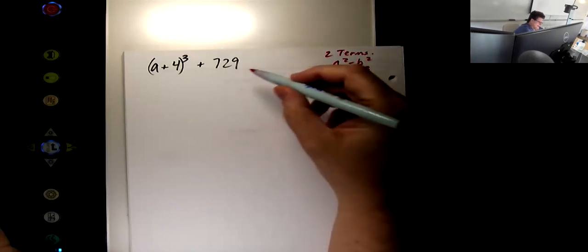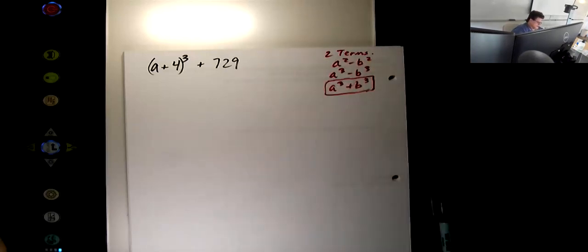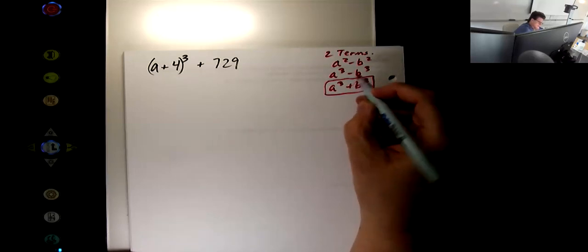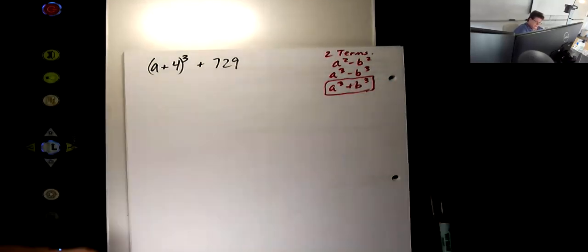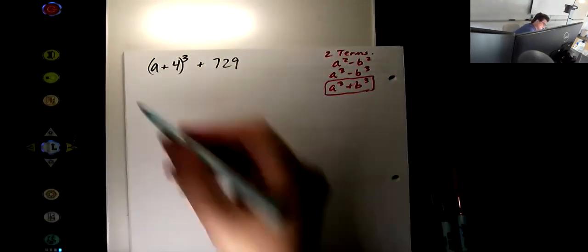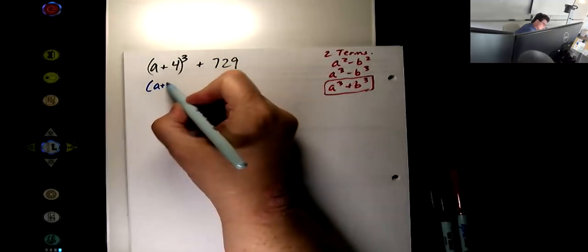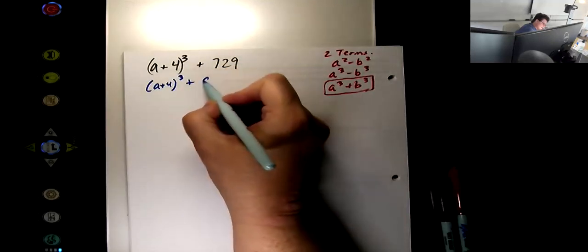Is 729 something cubed? It is. Might be 9. Is it 9 cubed? Yeah, it's fine. So this is (a + 4) cubed plus 9 cubed.